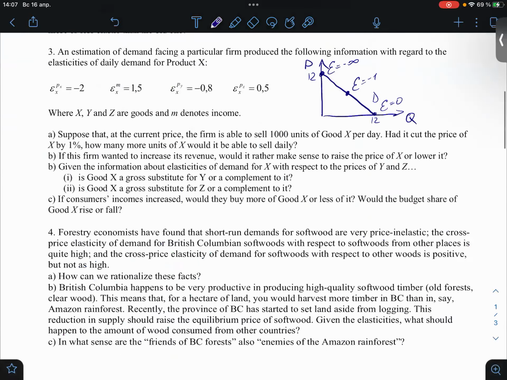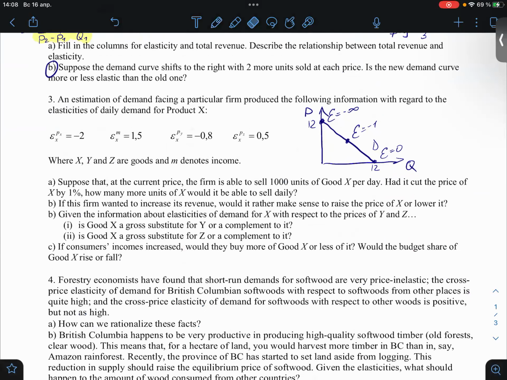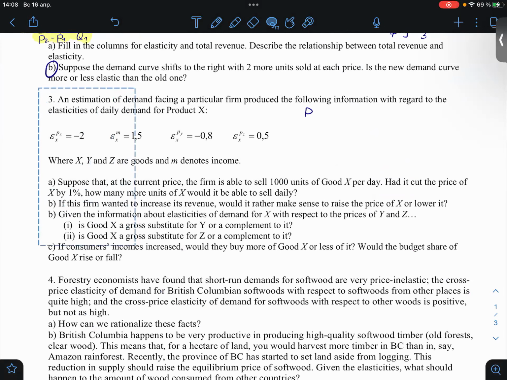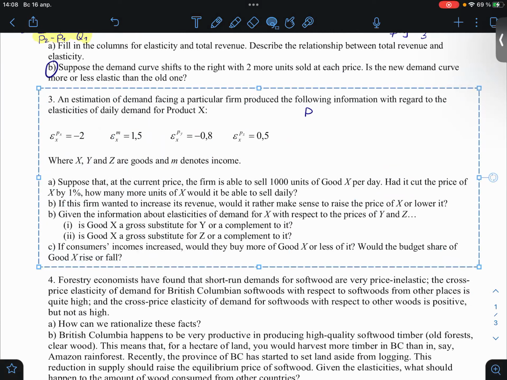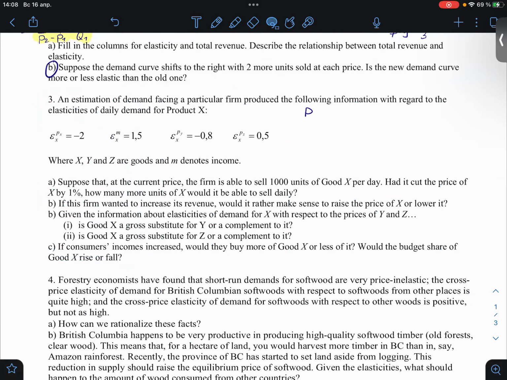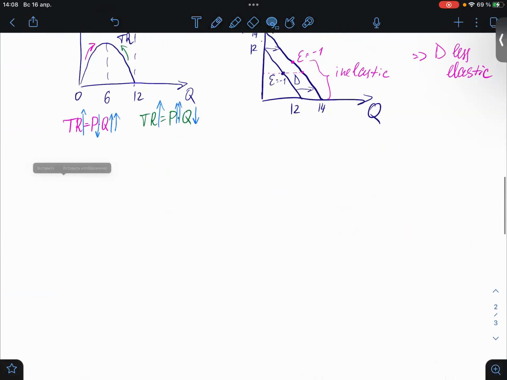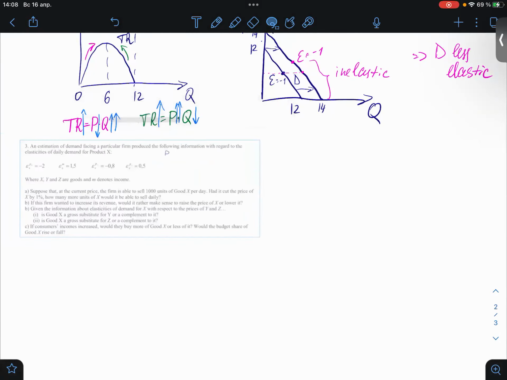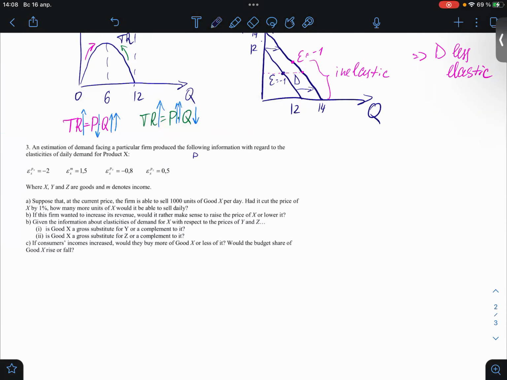Next. I will copy it, put it here. Let's read.